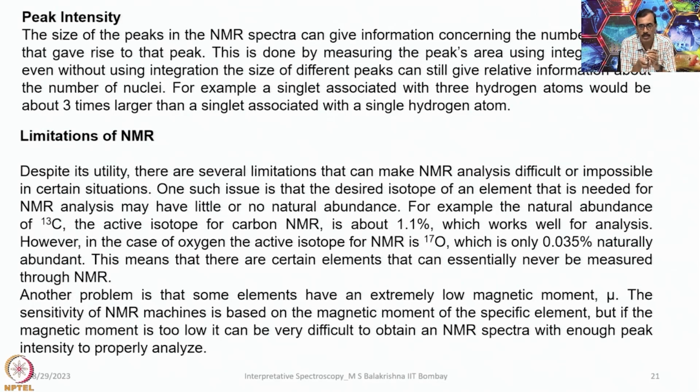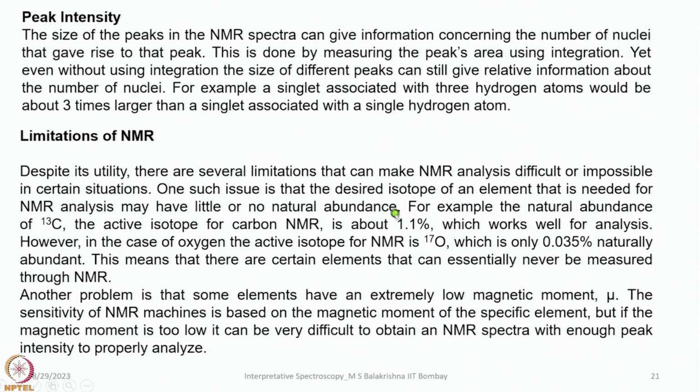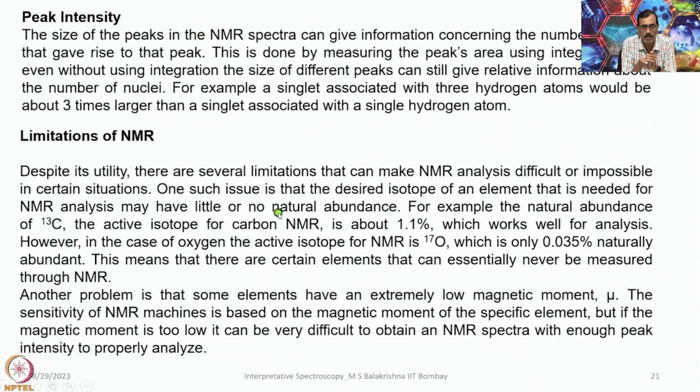So, if you consider the natural abundance of 13C, the active isotope for carbon NMR with I equals half, it is about 1.1%, whereas the rest is 12C, which is NMR inactive because the I value is 0. Still, 1.1% is quite sufficient to plot 13C NMR and look into the NMR spectrum, and it can help to a great extent in elucidating the structure and getting a lot of information.